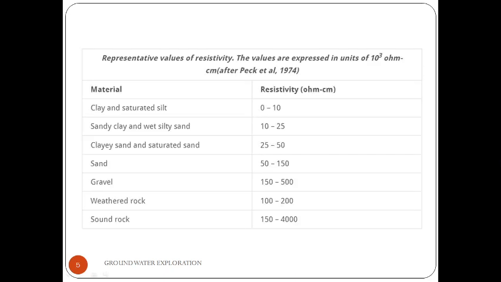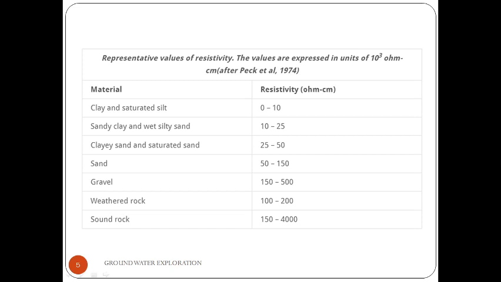Some of the resistivity values for different materials can be seen in this table. Clay and saturated silt: resistivity between 0 to 10. Sandy clay and wet silty sand: 10 to 25. Clayey sand and saturated sand: between 25 to 50.